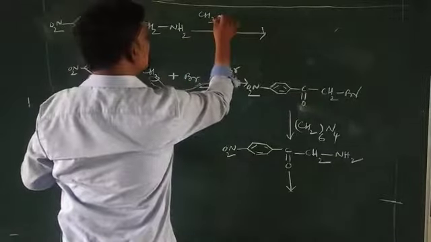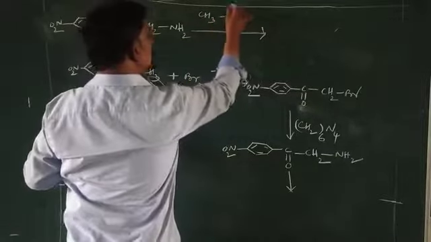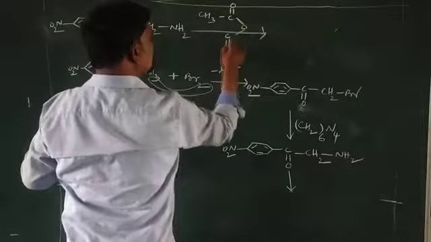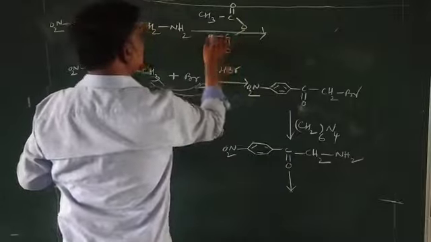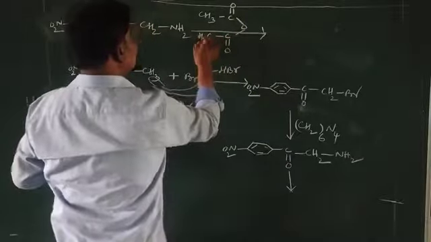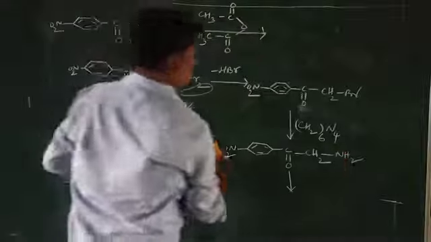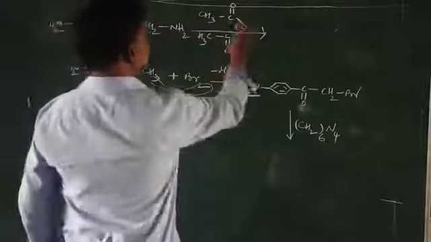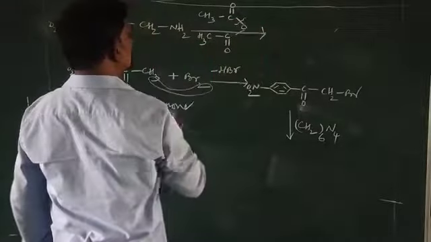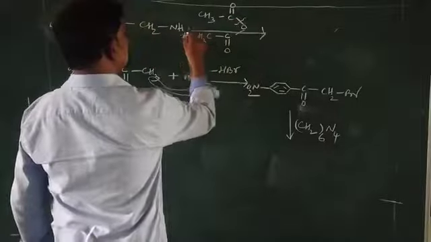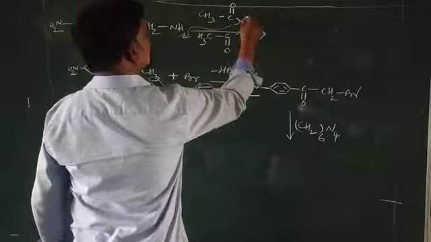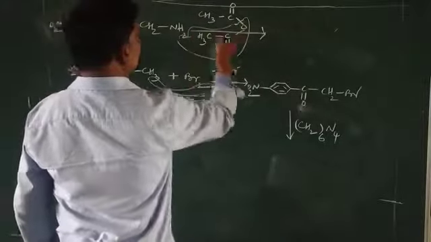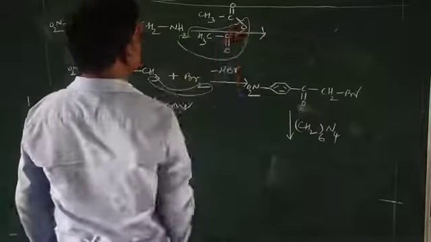CH3 CO O CO CH3, acetic anhydride. So here acetic anhydride breaks the bond. Here in this case proton, anhydride. CH3COOH eliminated, the acetic acid eliminated.